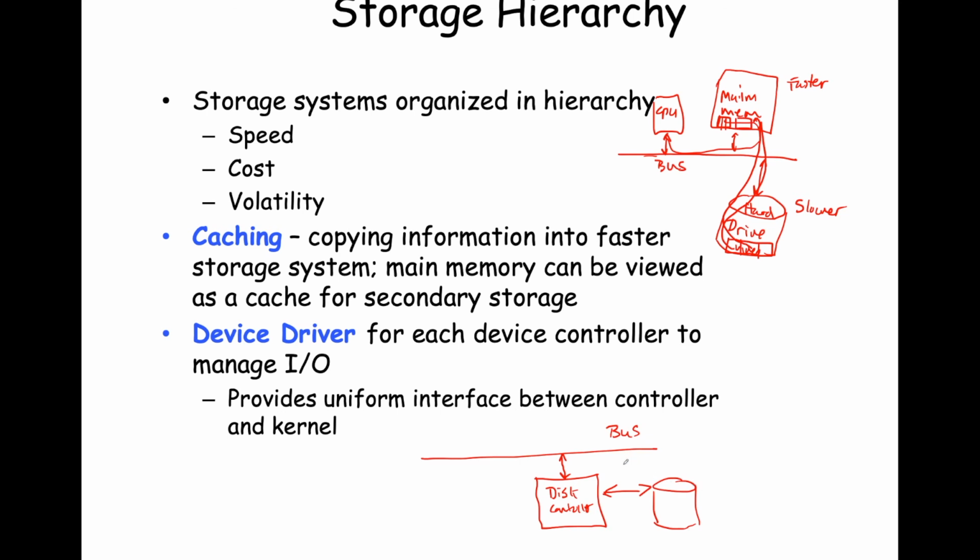We also have this quantity called a device driver. Now, this device driver is a piece of low-level software. It's running in main memory. And this device driver knows how to interact with this disk controller. And maybe this disk controller has a command control buffer.